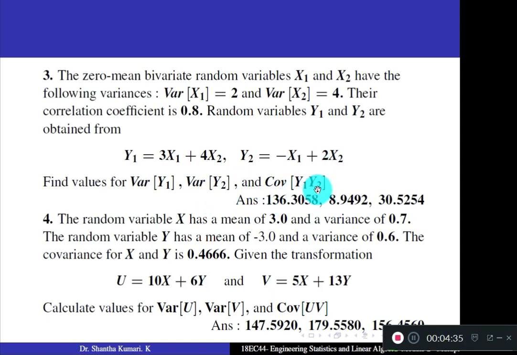And covariance of y1, y2 also you have the direct formula. What is the formula? a into c sigma square x1, then b into d, correct, sigma square x2, then plus a into d plus b into c sigma covariance of x1, x2.